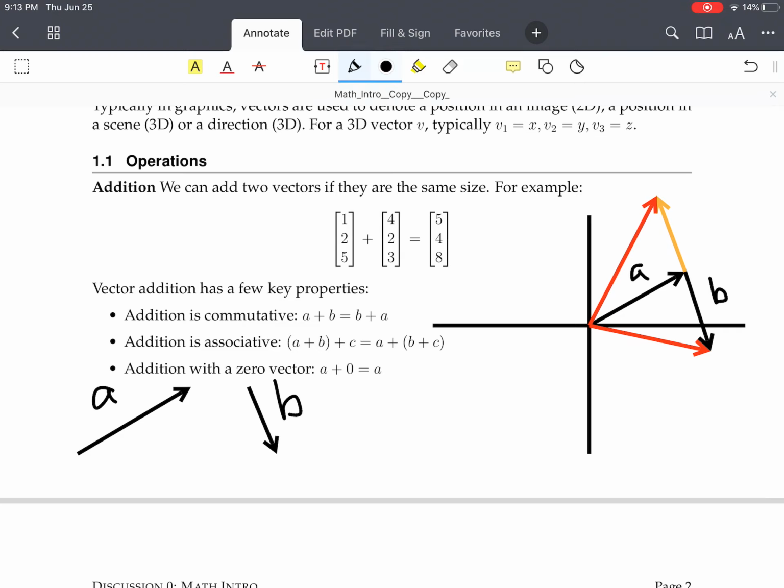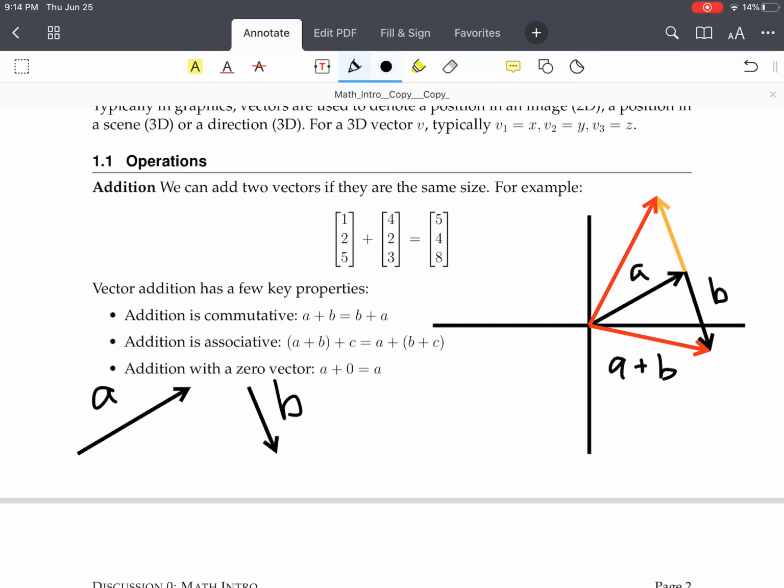If you think about why, A and B are both 2D vectors. So the x component of A plus the x component of B is the x component of that red vector. And similarly, the y component of A plus the y component of B is the y component of the red vector. So this is basically visually element-wise addition. So this is A plus B.